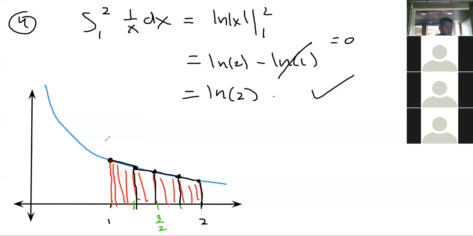And so what are these points? Well, this is 1, 1. If you want, this is 2, 1 half. And the middle point is 3 halves, 2 thirds. The ones that aren't so obvious are these points.